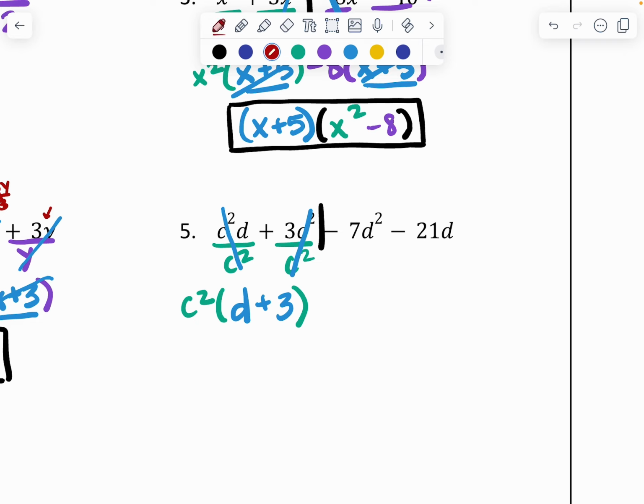Now, again, let's divide negative 21d divided by this 3. So that equals negative 7d. So that's what I'm going to factor out here. Negative 7d.